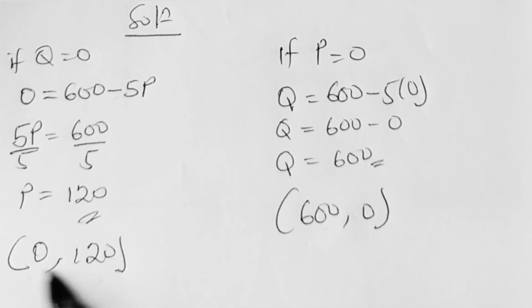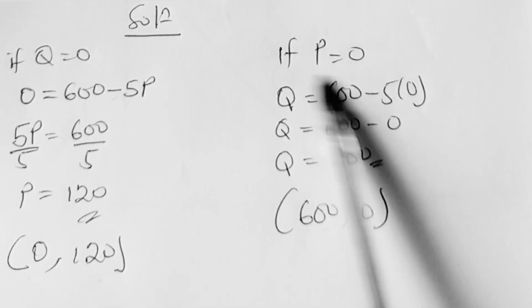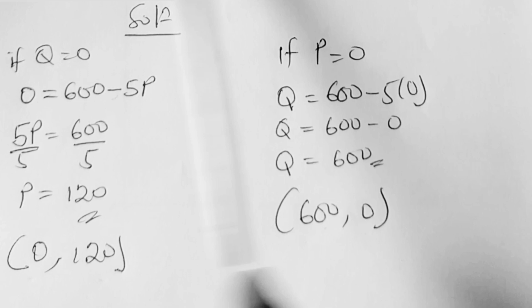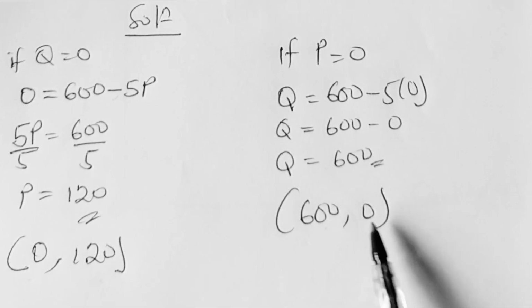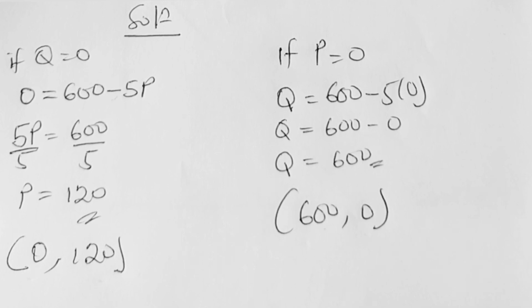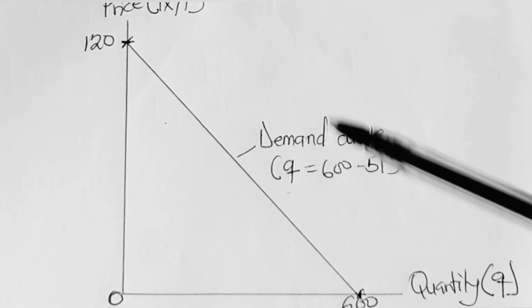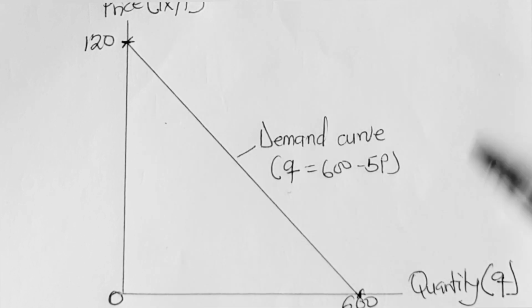When price is 0, what will be the quantity? Quantity is 600. Then after getting these points, you can easily draw your demand curve by representing it on the X and Y axes.